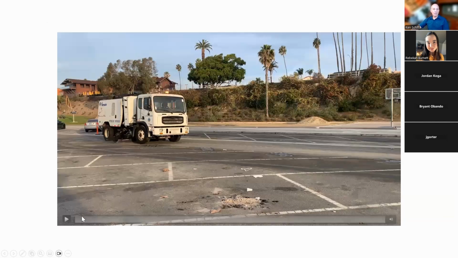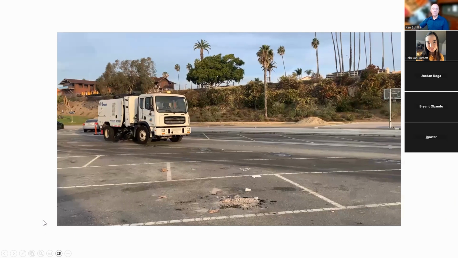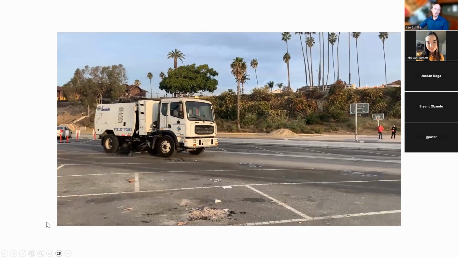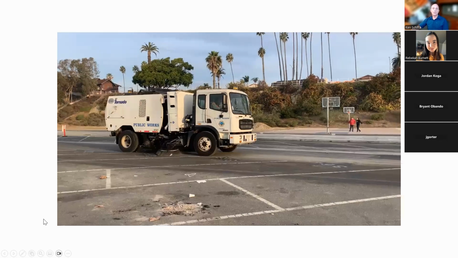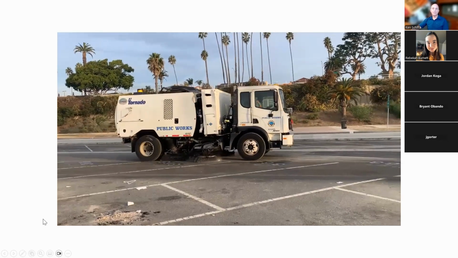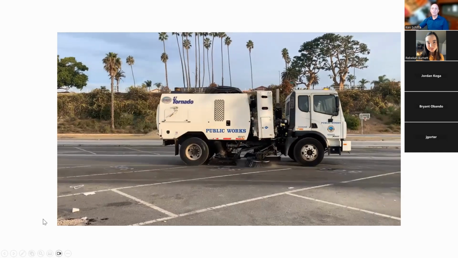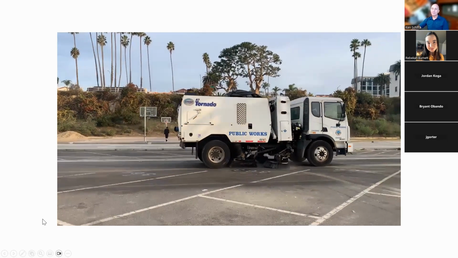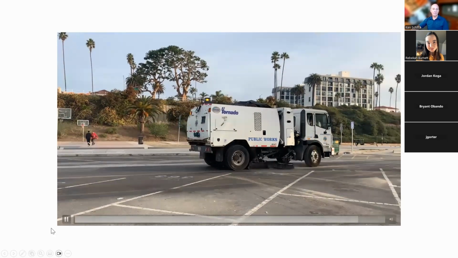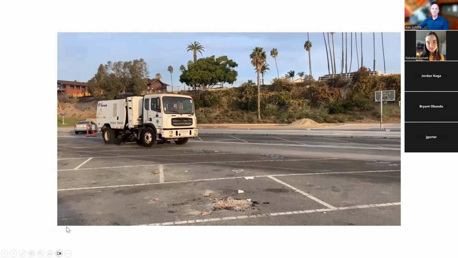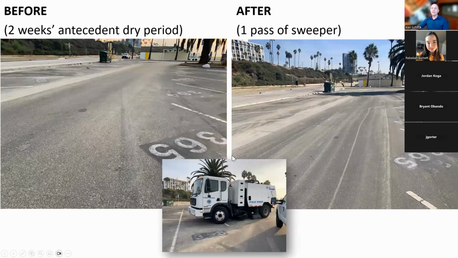All right, so let me show this video. Hopefully this is coming through to you in Zoom land. So they have a regenerative air sweeper doing its thing. And then here's a picture of the swept versus unswept portions of the parking lot.